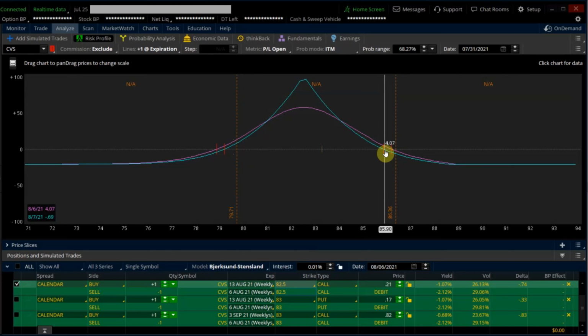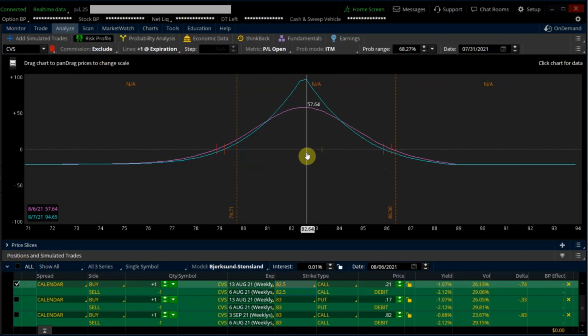Now my upper break even is around $85.86. And if you recall in my daily candlestick chart for CVS, the key resistance level is around the $85 mark, which means my key resistance level now becomes the extreme end of my profit zone. So I've sorted out the issue for my support level, but now the problem becomes the key resistance level. So this doesn't really solve the issue by shifting the strike price.